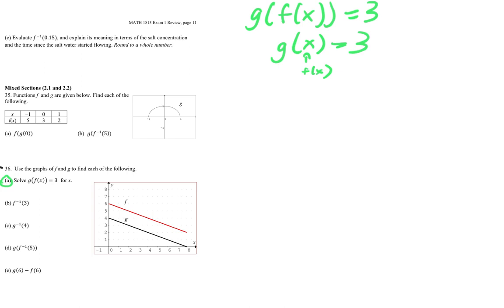So we know that f of x is equal to 2. So we want to find the x value when y is equal to 2 of f of x. So if we come here, we're going to go 2, come all the way across, and it's 8. So we know that for part A, x is equal to 8.